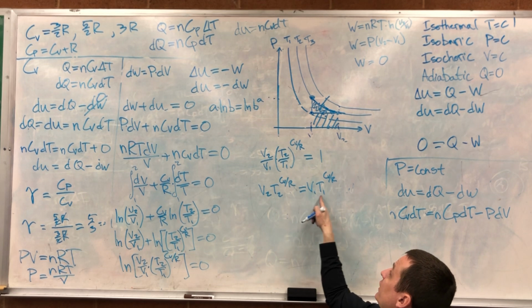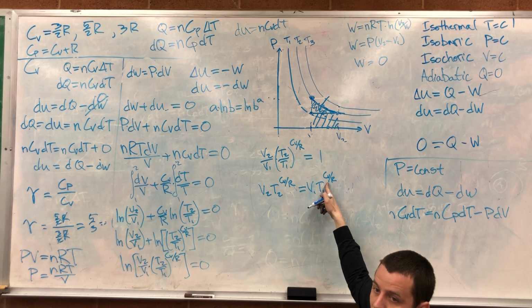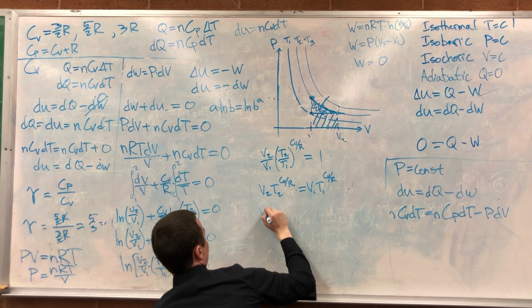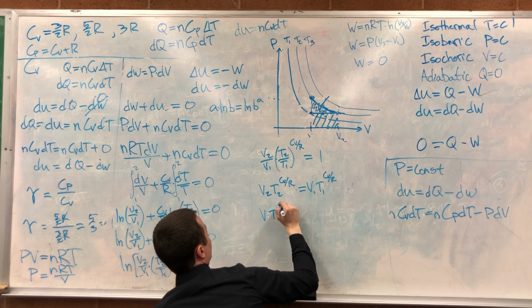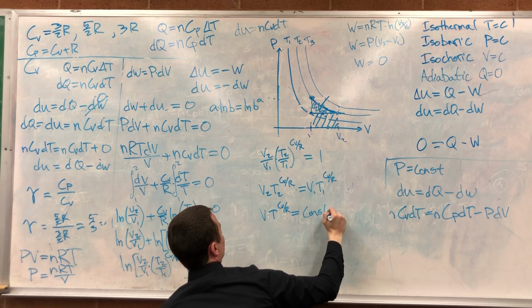Mm-hmm. V1 times T1 to that power is a constant, is another thing that this tells us. So rewriting the exact same information, this is telling us that V times T to the CV over R is a constant. Same thing.